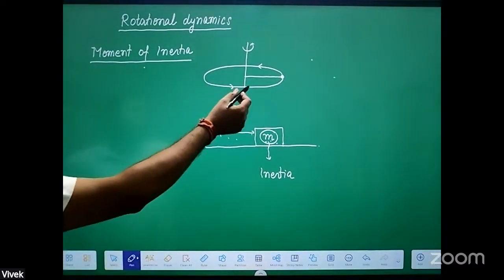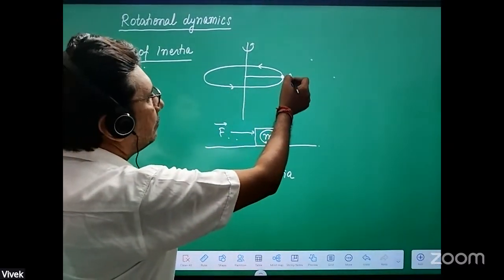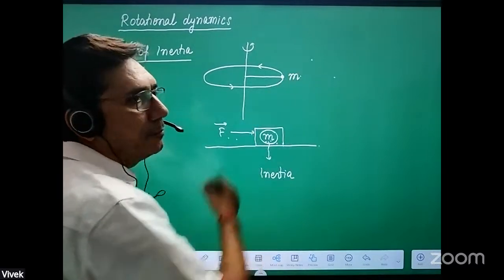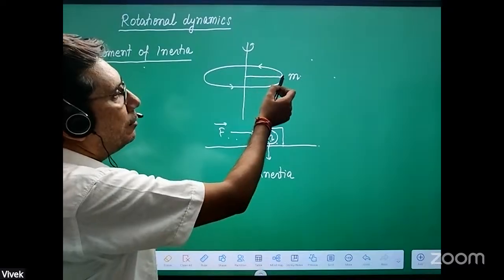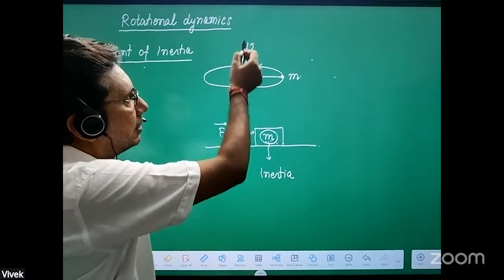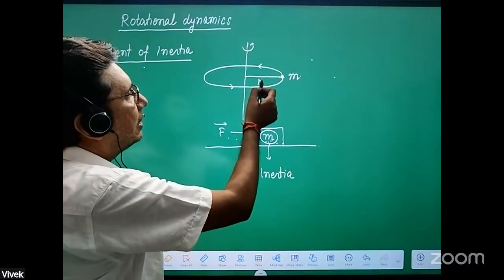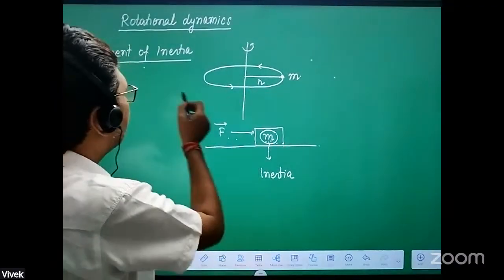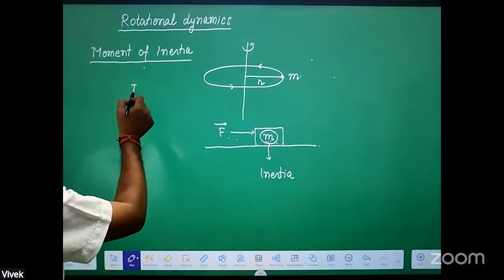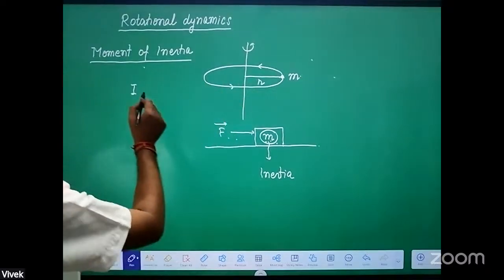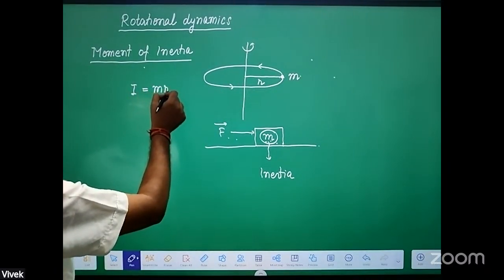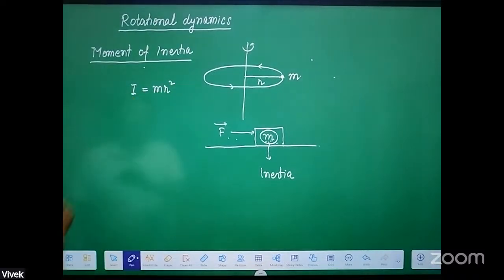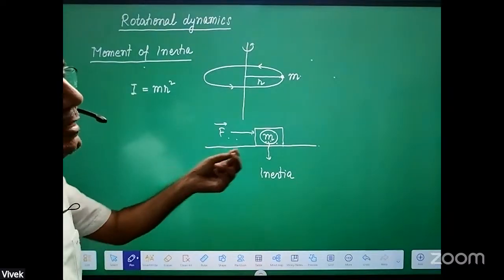What will be the moment of inertia of this? The mass is m. Now, what is the perpendicular distance of this mass from the axis of rotation? Suppose that is r. So the moment of inertia of this object rotating about an axis is given by m r square.